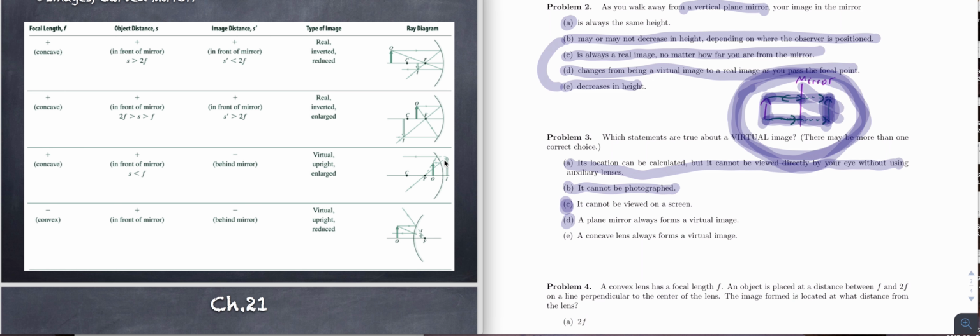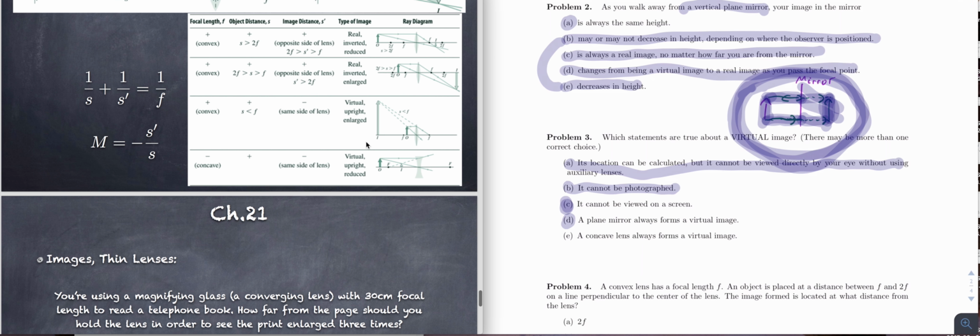A concave lens always forms a virtual image. A concave lens, and that is true. If you look at the table from the book, it doesn't matter where I place the object. By nature of the light refracting through a concave lens, it's always going to diverge, which means the image is always going to form in front of the lens, wherever light cannot pass through.